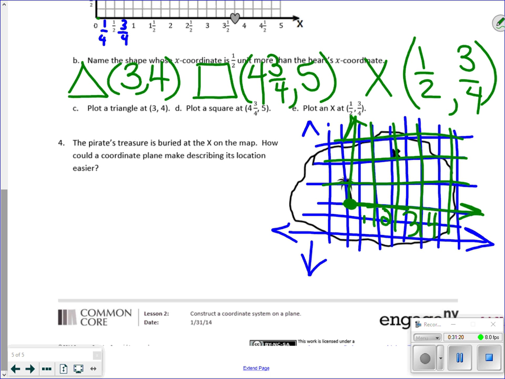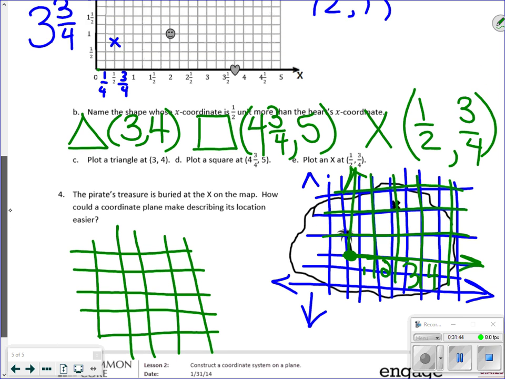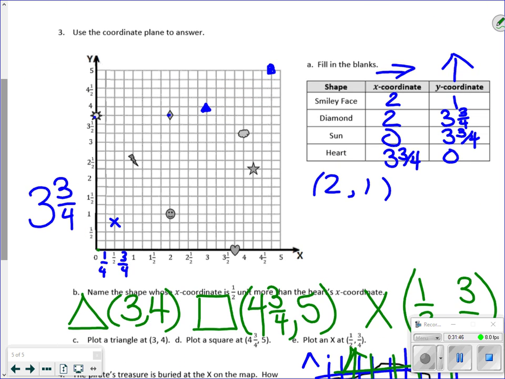Awesome. Okay. So one thing that I do want you guys to be aware of, anytime you're doing anything with a coordinate grid, whenever you're numbering it yourself on the graph paper, whenever you have the lines and you've got the squares, do you see where the numbers are?